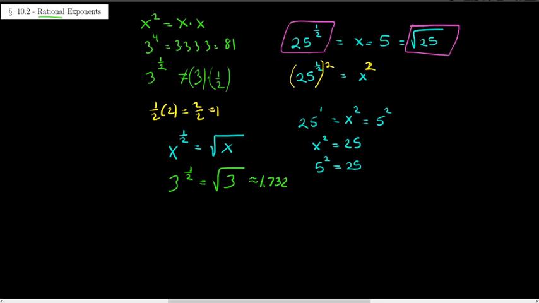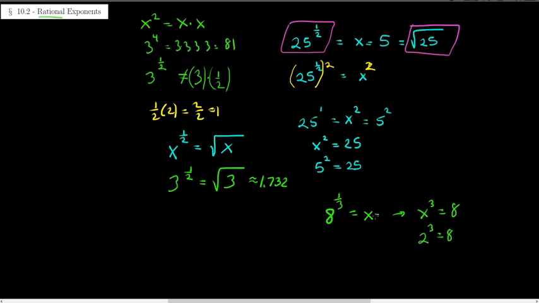Okay, so we can play the same game with an exponent of, say, 1/3. If I have 8 to the power 1/3, well, this is just going to be some number, let's call it x, that if I raise it to the 3rd power, I get 8. And if you take 2 times 2 times 2, or 2 to the 3rd power, you get 8.